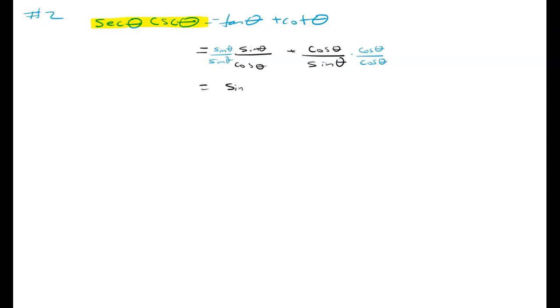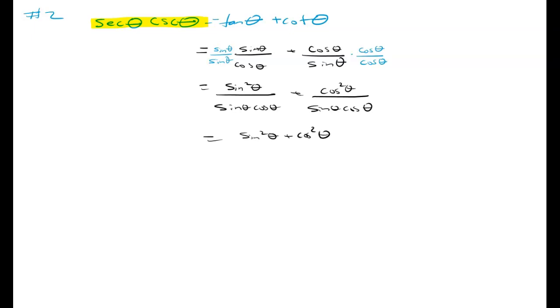That gives me sine squared of theta all over my denominator, sine of theta cosine of theta, and then cosine squared of theta all over sine of theta cosine of theta. Same denominator, so I get to write it as one fraction, which is exciting.